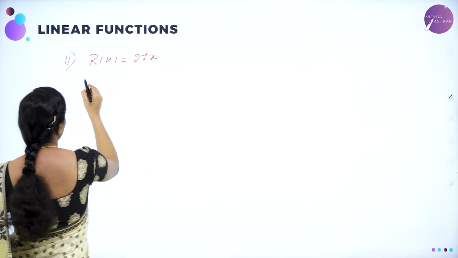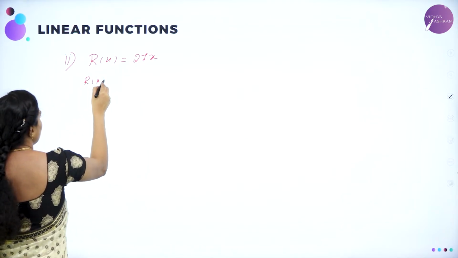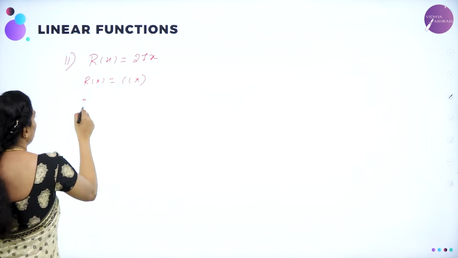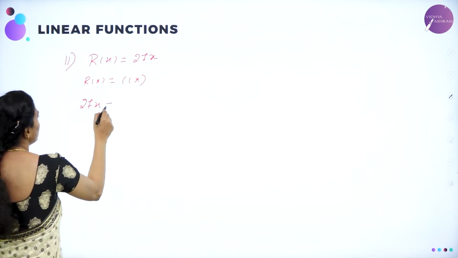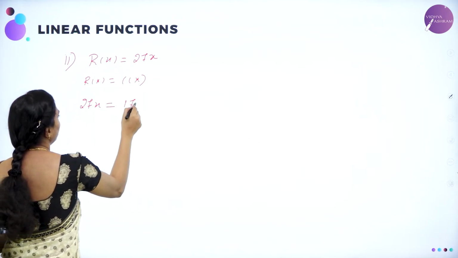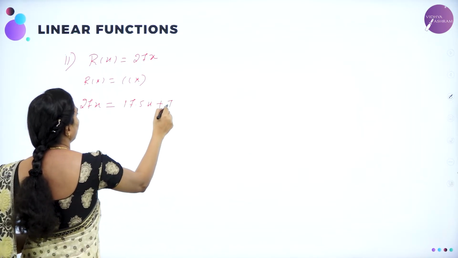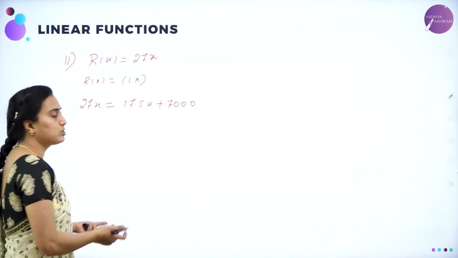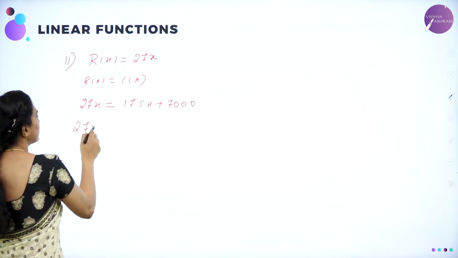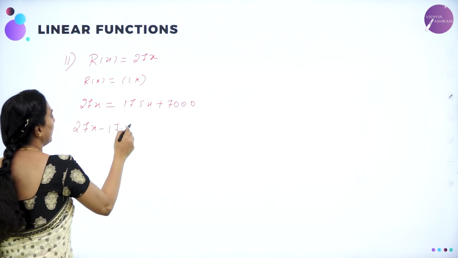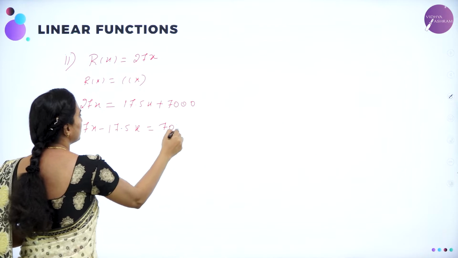27x, and you are going to equate R of X and C of X to find out where the company will make no loss, which is equal to 17.5x plus 7000. If you subtract, 27x minus 17.5x is equal to 7000.